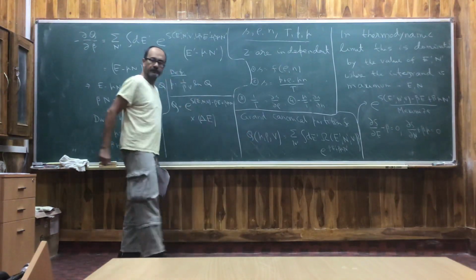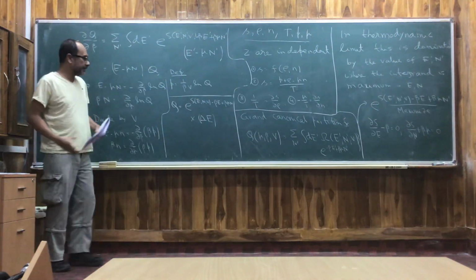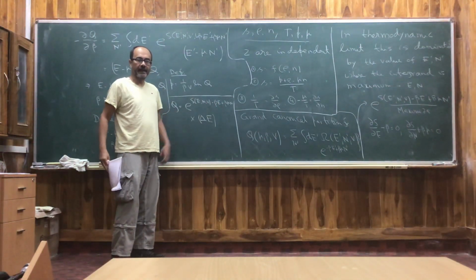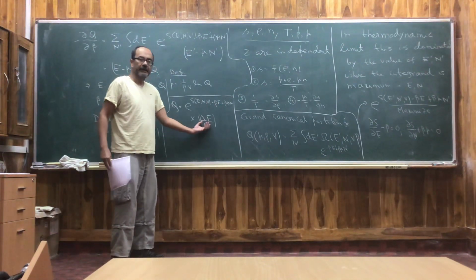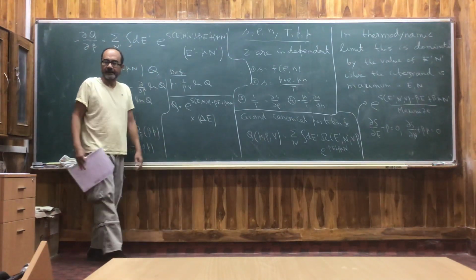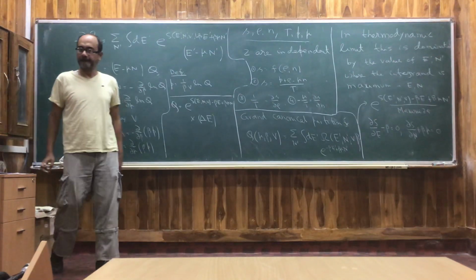So Q roughly is this much, because the integrand has this value times the width over which the peak exists. This is a rough estimate of Q up to a multiplicative factor of order 1, which you don't care about because you are looking at log Q eventually.